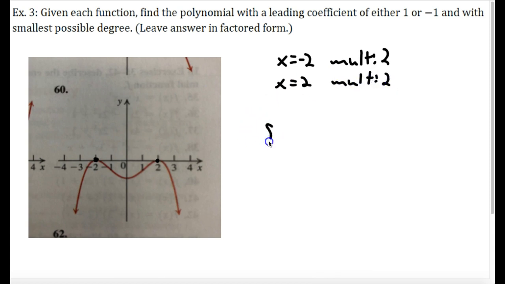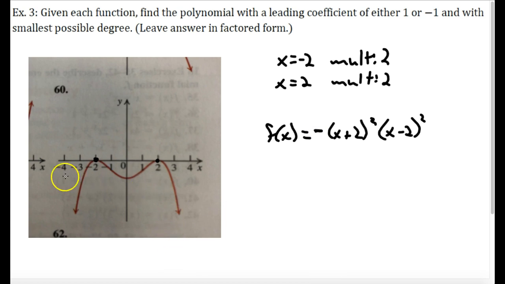So to write my function, I can say x plus 2 squared times x minus 2 squared. Now again, we have to check the end behaviors. As x goes to negative infinity, f of x is going to negative infinity, and as x goes to positive infinity, f of x is going to negative infinity. Those are the characteristics of a negative even degree.